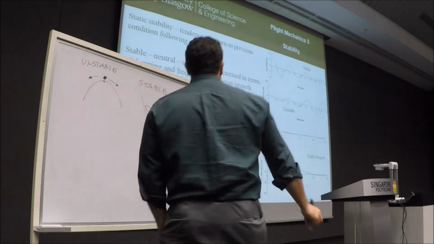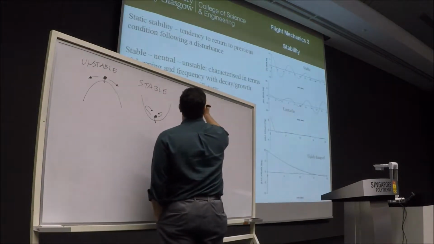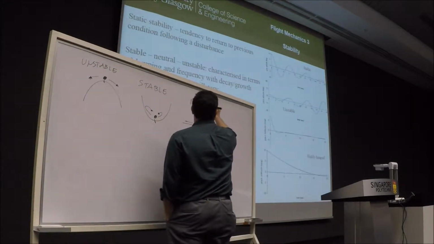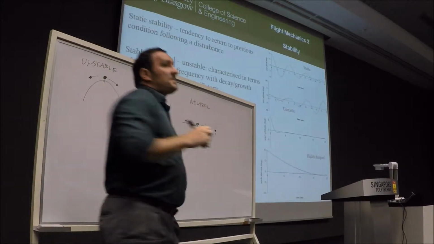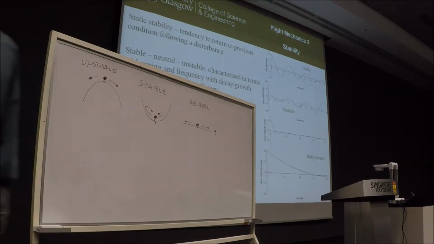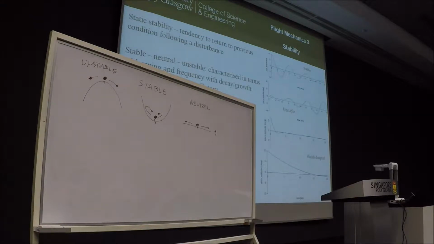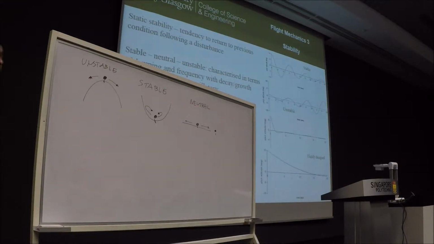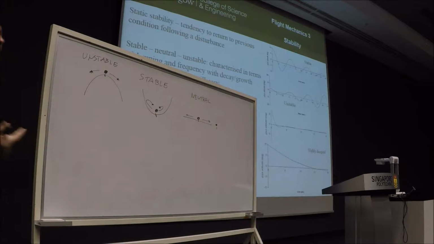Okay, so this here is neutral. So these are the three types of stability that we can have. So three types of configuration. Stable, unstable, and neutral.